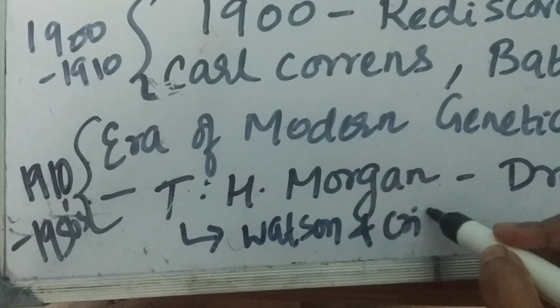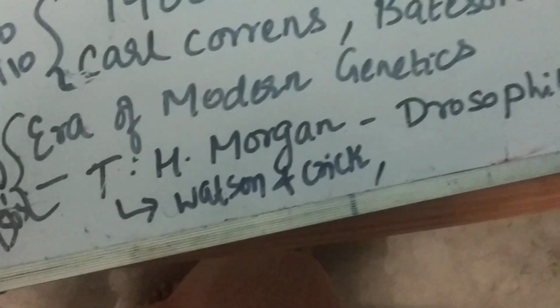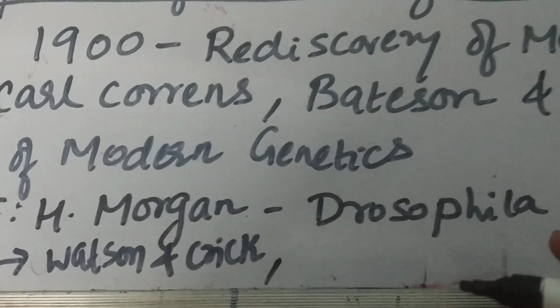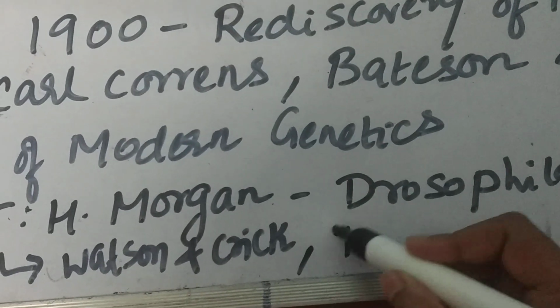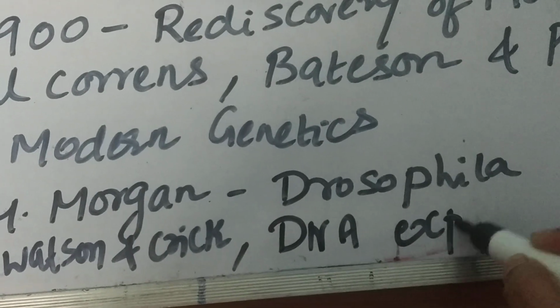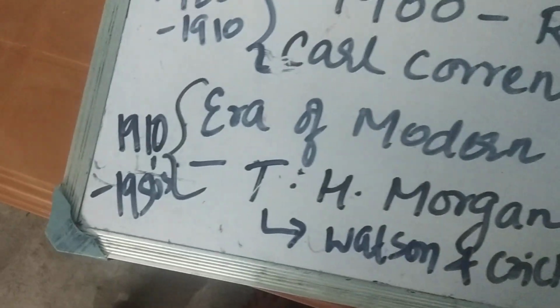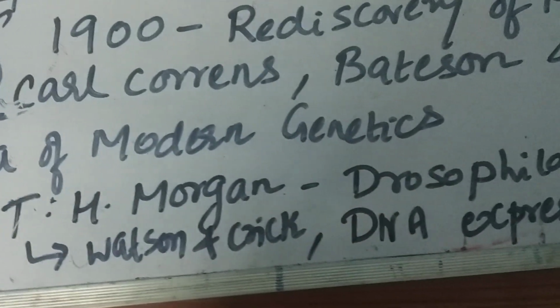What did Watson and Crick do? They found out the structure of the double helix. The proving of DNA as the genetic material, and how the genes in DNA are expressed, were all studied during this period, the 1910s, 20s, 30s, 40s, almost up to the end of the 50s.